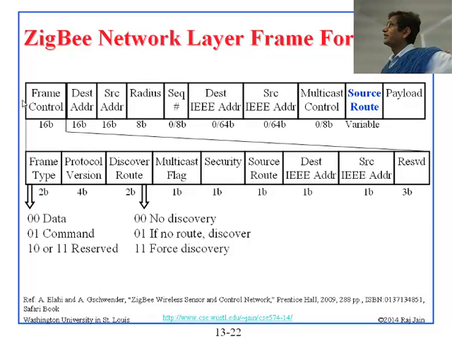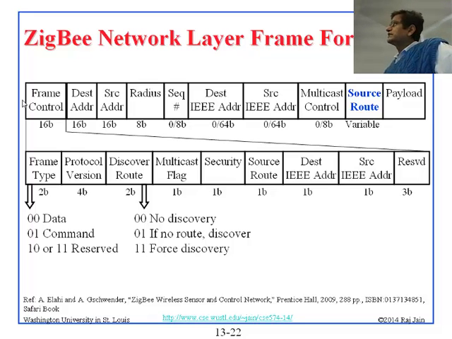These look very similar to what you will have in an IP packet, except that most of the things are optional. So 0 through 64, 0 through 64, 0 through 8, these all mean that they may or may not be there. And therefore, we have 1 bits in the frame control that will indicate whether they are there or not. So that's a standard method of variable length flags, variable length headers.